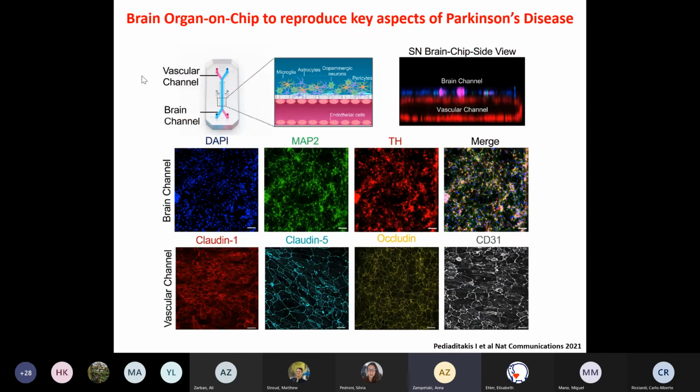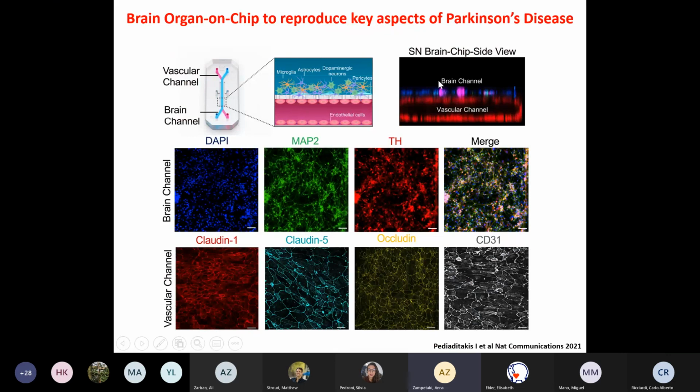chips have been generated for brain organ on chip, for example, where you have the vascular network and the brain network shown here. So the vascular network is consisting of endothelial cells, but the brain channel actually has several cell types like microglia, astrocytes, neurons, pericytes.